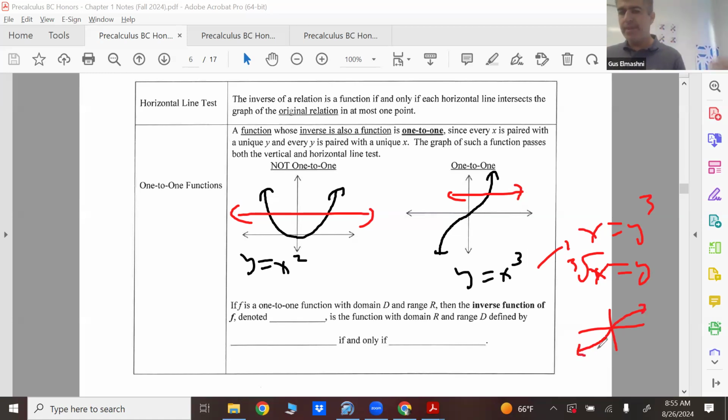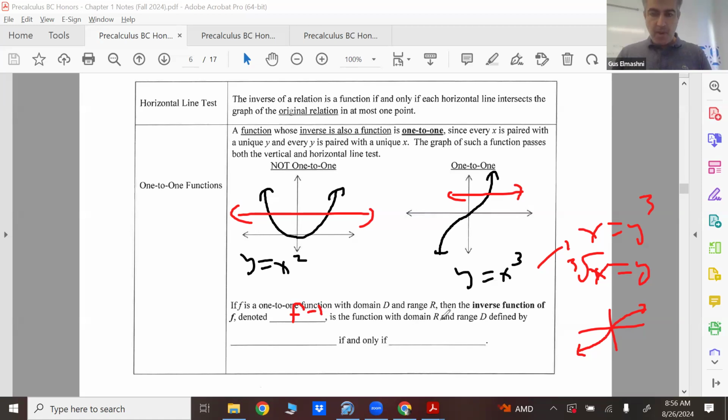Right? So very simple. And again, domain and range will just swap. So if f is a 1-to-1 function with domain D and range R, the inverse function is denoted by this with a -1 symbol.